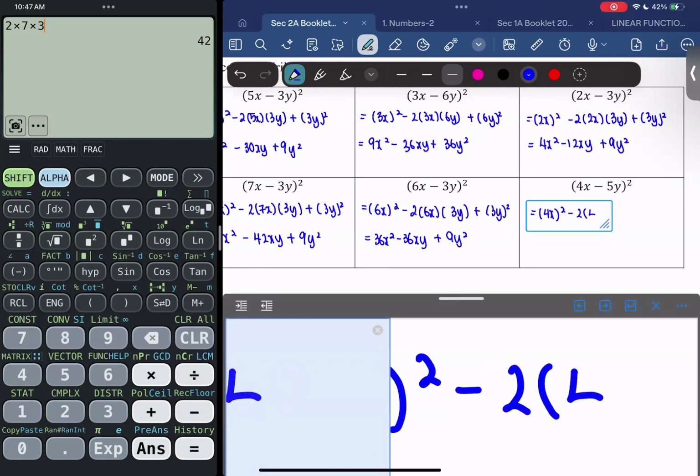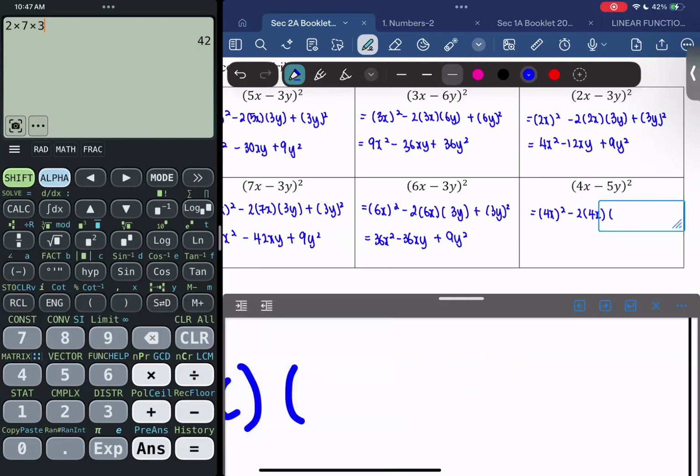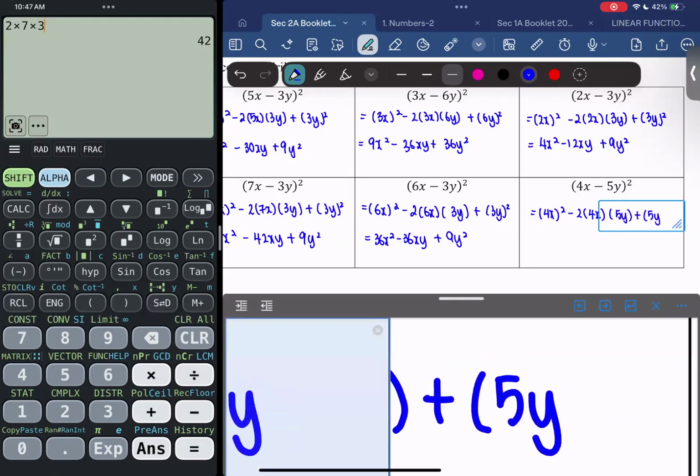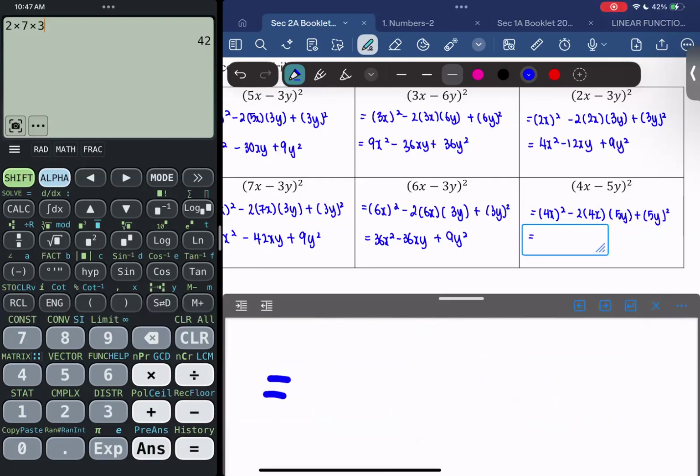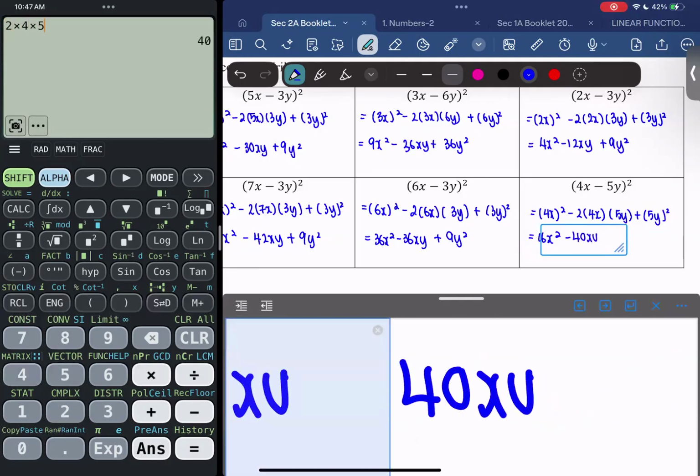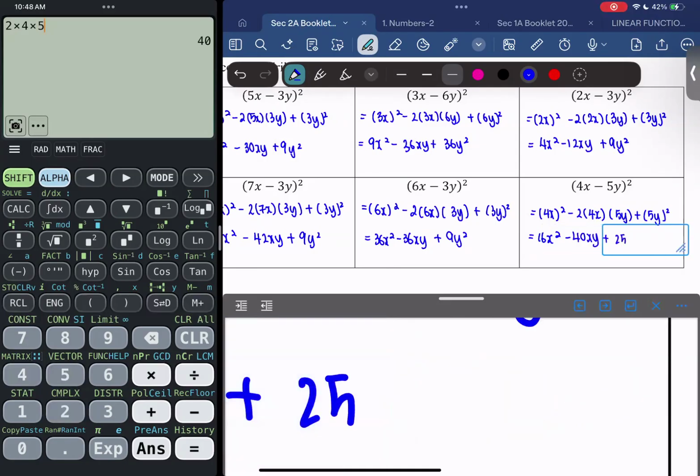Sorry, I couldn't hear you. 2 times 4x times 5y, plus 5y squared, equals 16x squared minus 40xy plus 25y squared. Yep, very good. Great job, Asher.